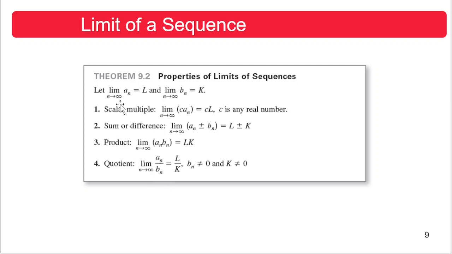From the given, the limit of a sub n is L, and the limit of b sub n is equal to k. So therefore, the limit of the quotient a sub n over b sub n as n approaches infinity is equal to L over k, provided that b sub n is not equal to 0 and k is not equal to 0.